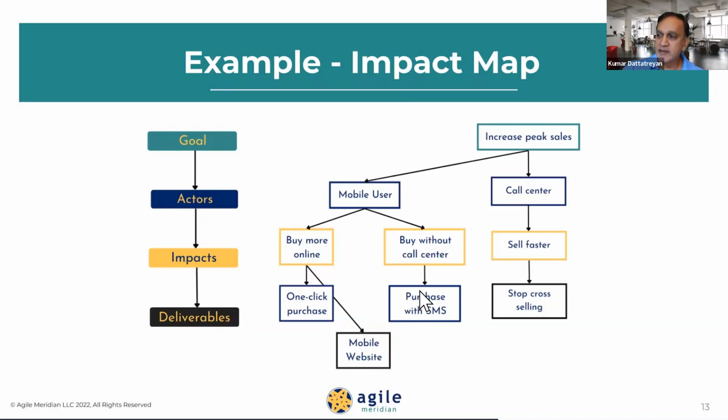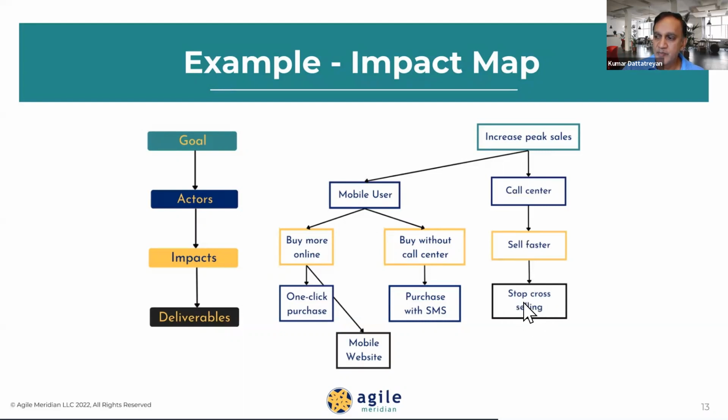And the important one in this slide is this option that's on the right. Maybe you want to do something with your call center. You want them to sell faster. You want them to close more sales, right? And the deliverable isn't anything related to a software feature or an enhancement to the systems that they use.